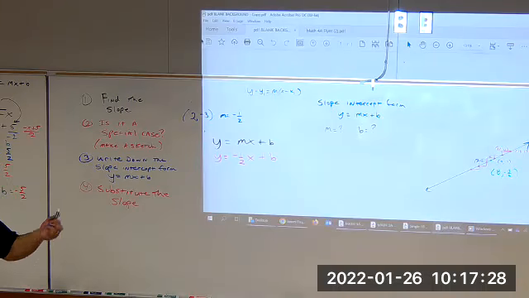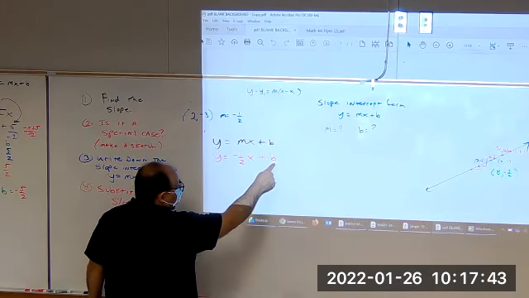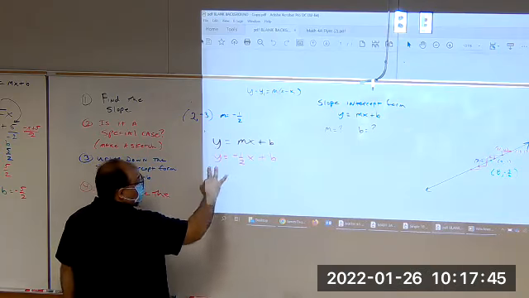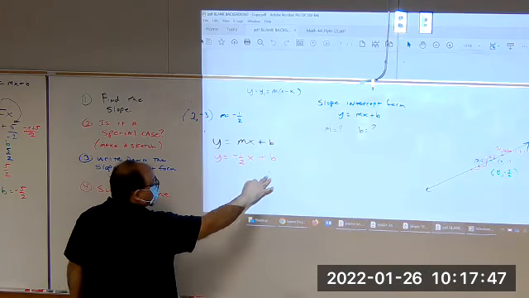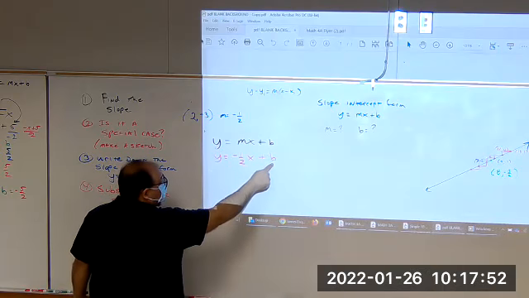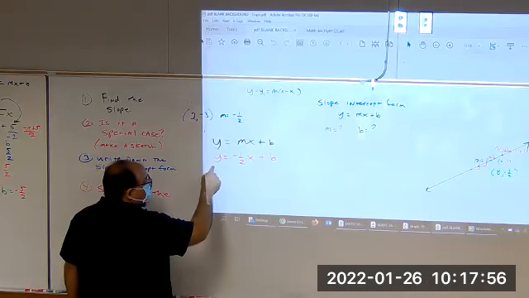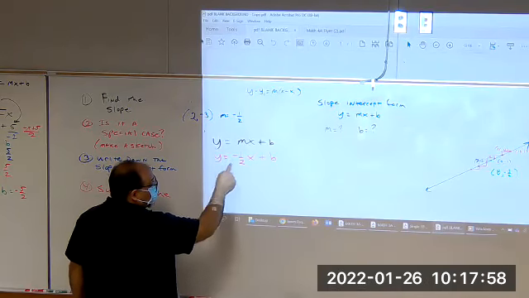I mean, honestly, it takes longer for me to just talk it through than to actually do it. But we gotta find the last piece of the puzzle, which is B. So look at what we have. We need to figure out B. There's three unknowns right now: Y, X, and B. If you have three unknowns, to figure out one of them, you need to plug something in for the other two.